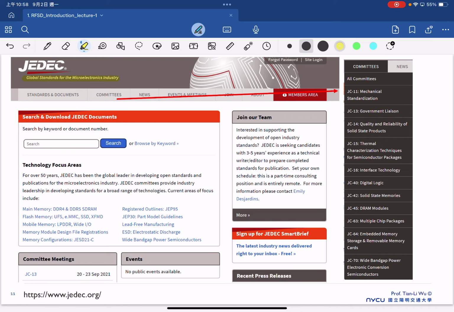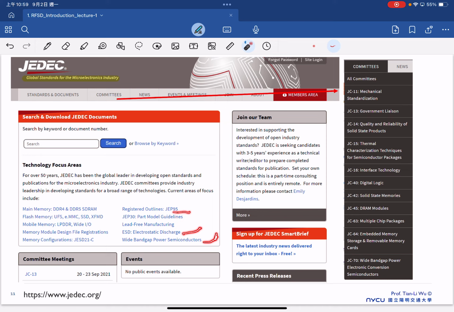This is the general page of the JEDEC website. You can see there is memory, mobile memory, and so on. These are ESD, and even wide bandgap power devices here. That means they specify the standards for each specific technology.